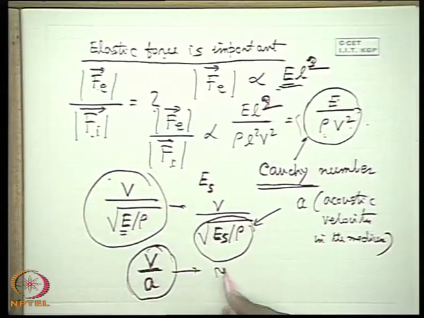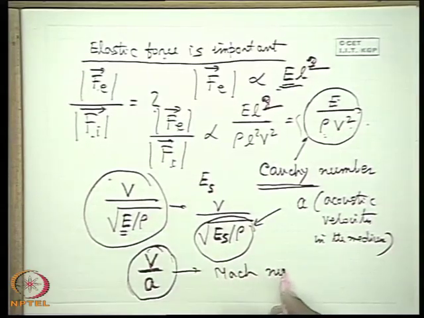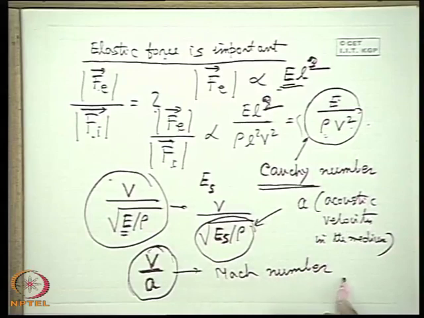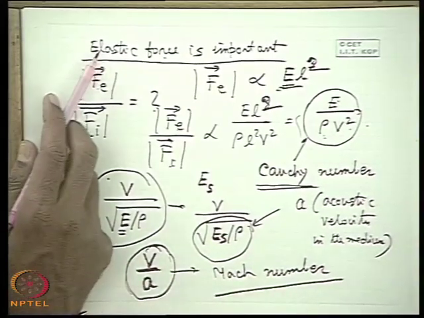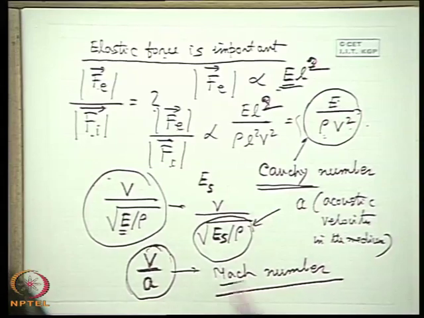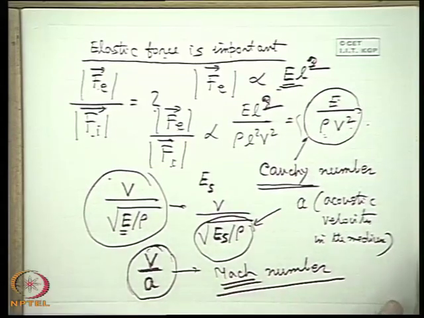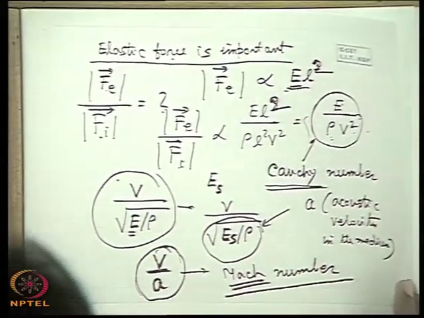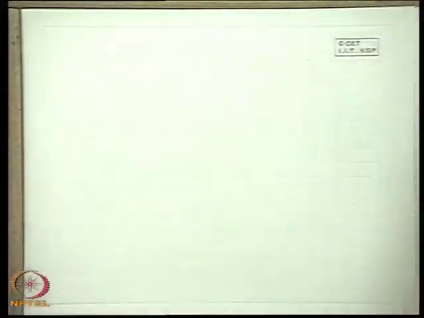So this number is known as the Mach number, which is conveniently used to represent the dynamic similarity for flow situations where elastic force is important, and Mach is the name of an Austrian physicist. That is the Mach number.